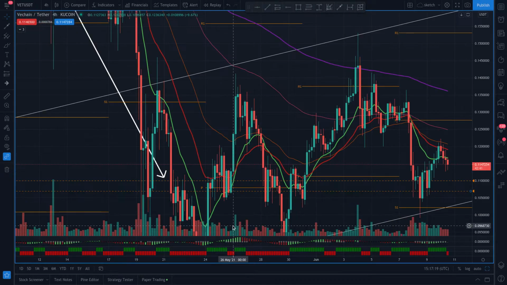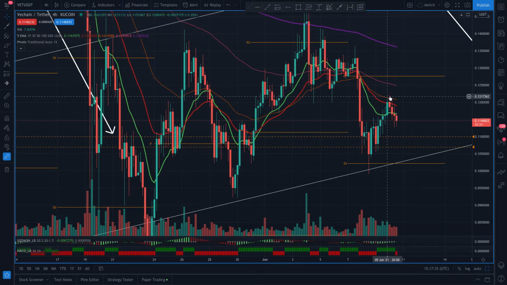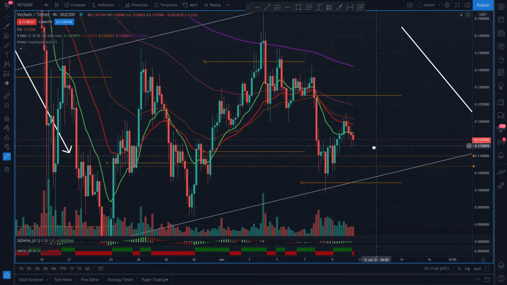So on the 4-hour chart, oh, interesting. You can see it bounced off the 50-day EMA, around here, right on this. So that's an interesting point to note.